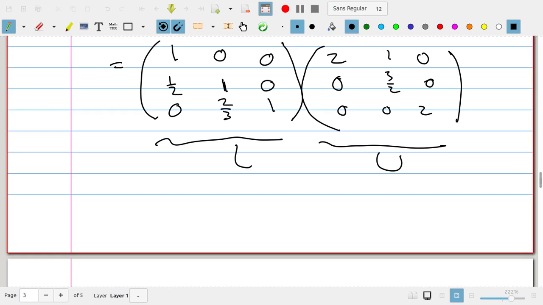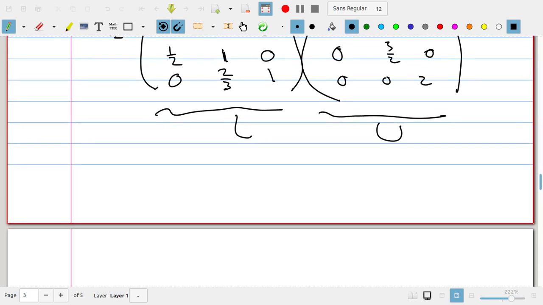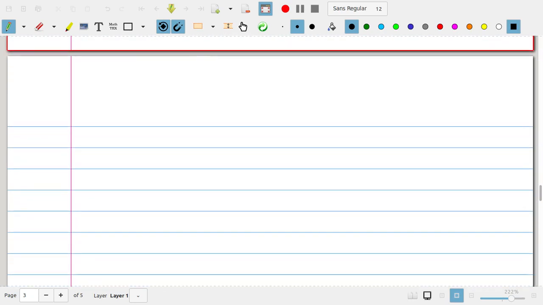So what is the algorithm? The algorithm is simply this. You first take A into row echelon form. So you have a matrix A, take it to row echelon form.